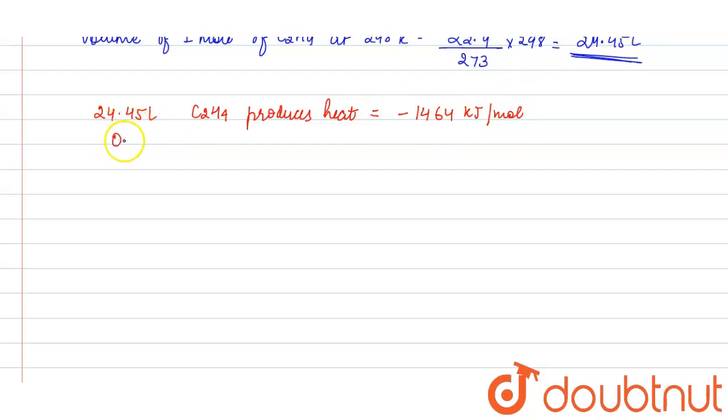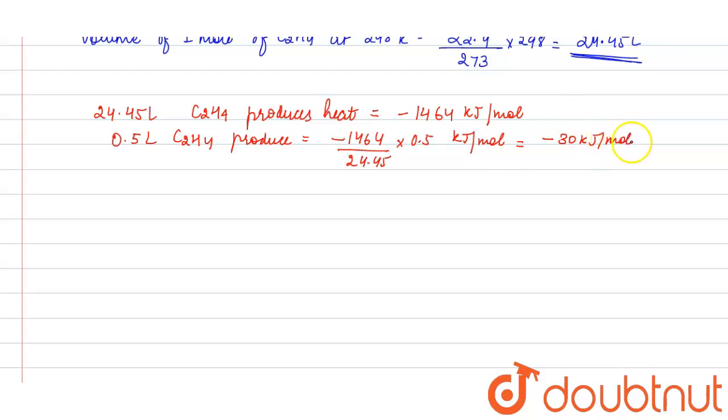But here how much C2H4 is present in 1 liter of the mixture? 0.5 liter. So 0.5 liter will produce minus 1464 divided by 24.45 into 0.5 kilojoule of heat. That will be equal to minus 30 kilojoule per mole. Okay.